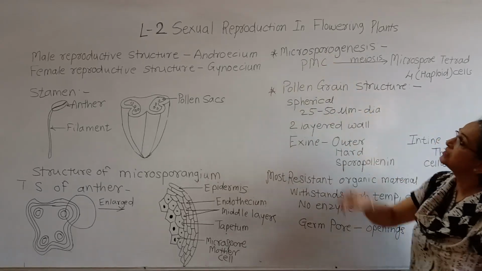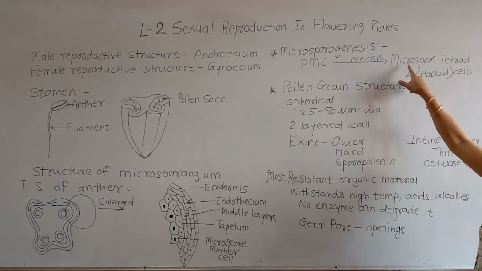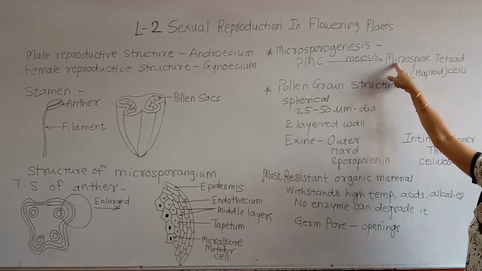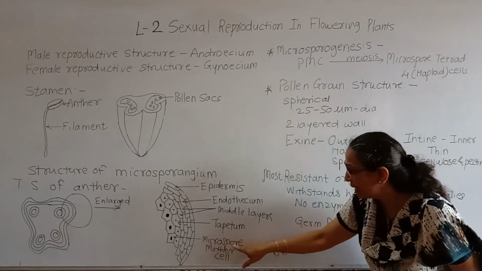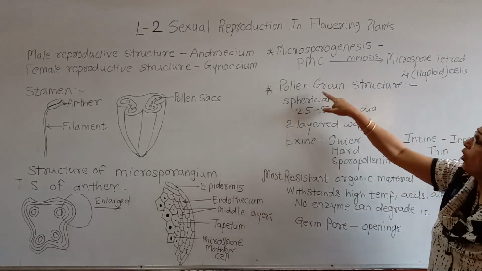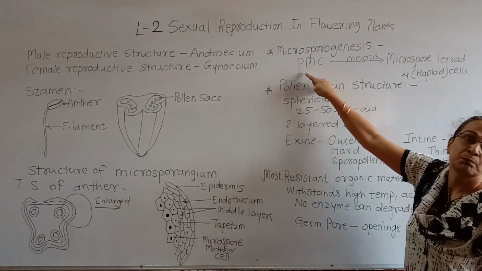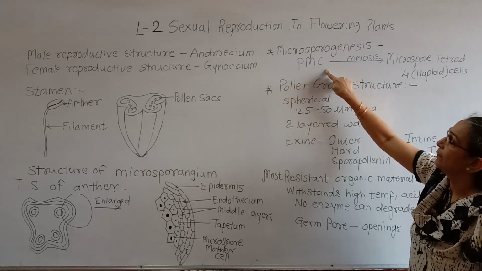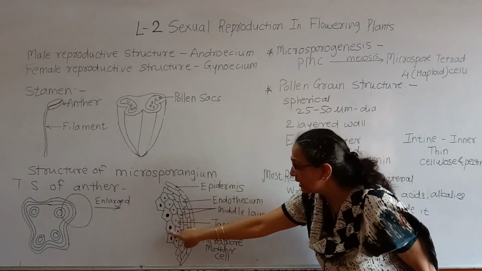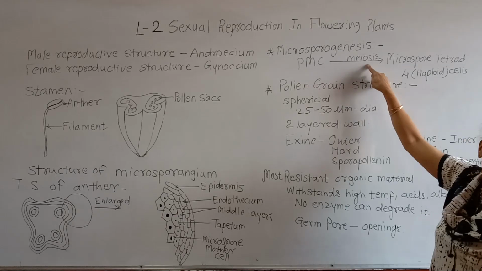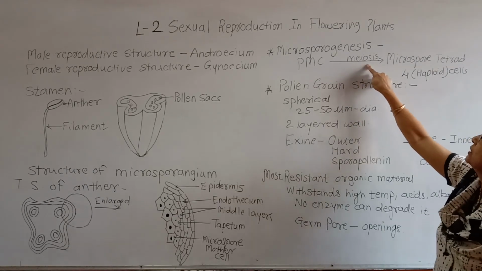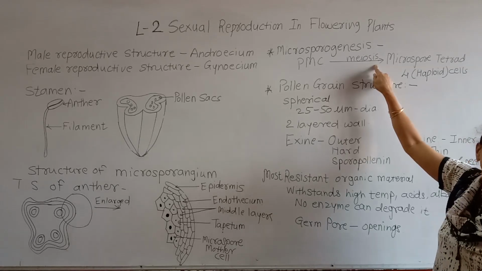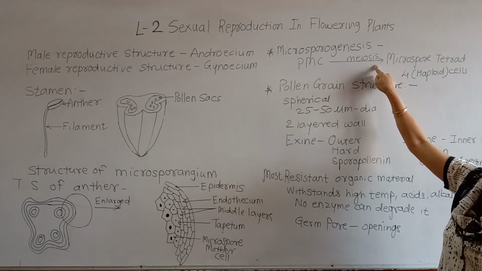The process by which the microspores are produced by the pollen mother cell, microspore mother cell, or PMC, is pollen mother cell. So these cells undergo meiotic division, that is reduction division, because the pollen grains which are produced are haploid.